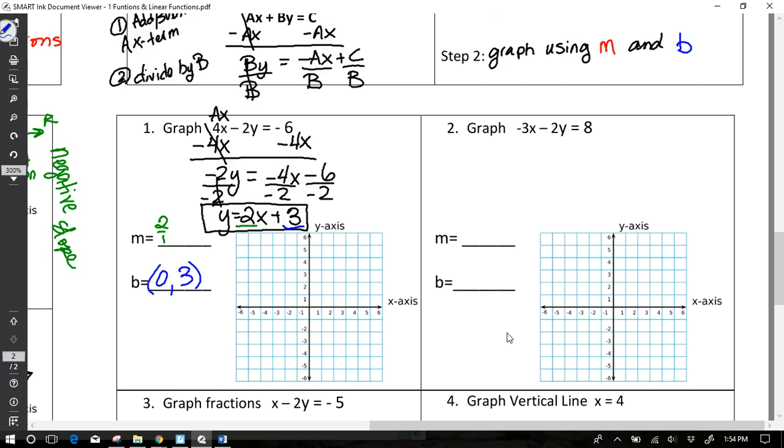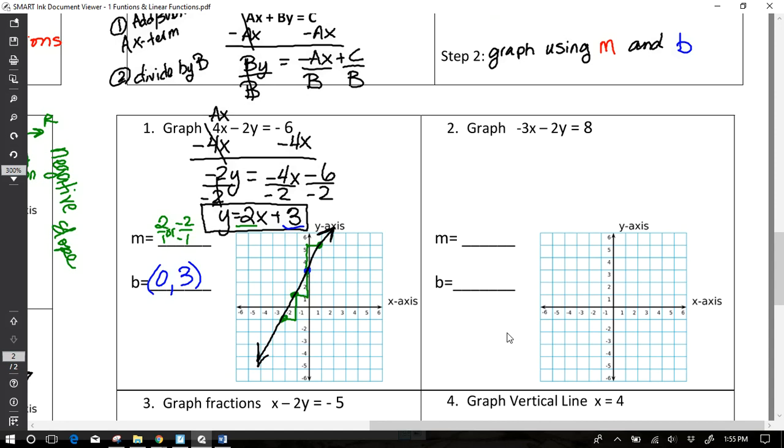So 0, comma 3 is right here. My slope of up 2 over 1 is right there. Now, if I want to do some more points, I need to do negative 2 over negative 1. A negative divided by a negative is still positive. So I would go down 2, left 1, down 2, left 1. And now I've got a few more points so I can make sure that they line up in a straight line. Great job.